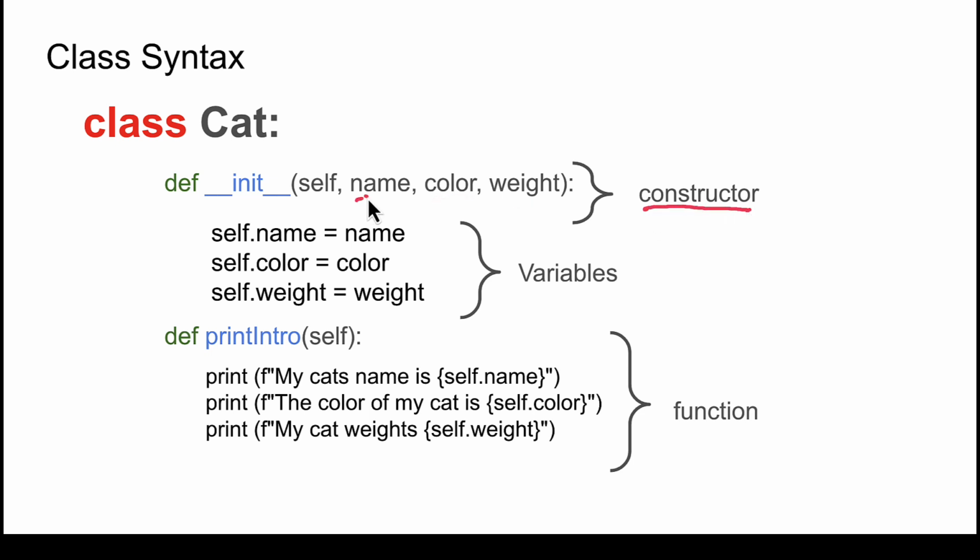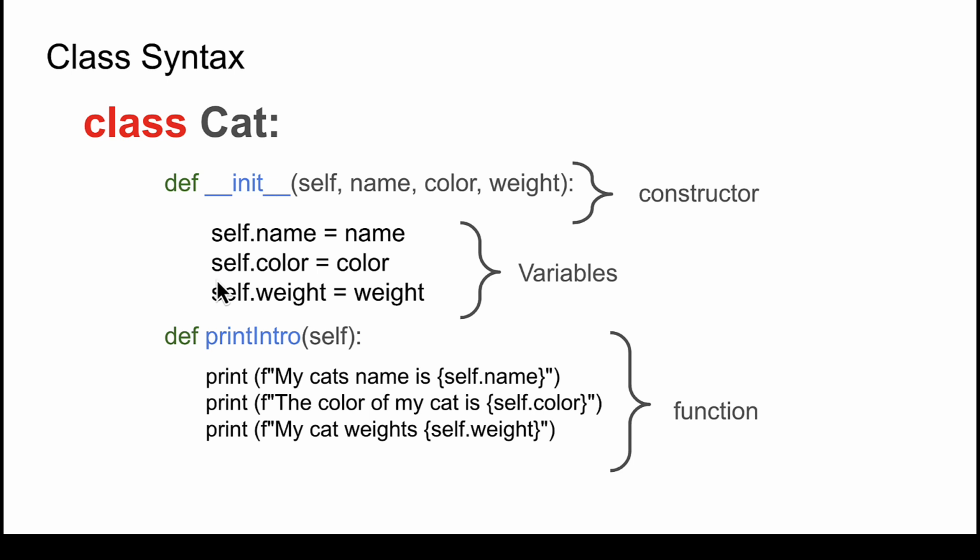Now, obviously, we could add a lot more variables to this if we need to. Again, it really depends on the object. The variables that we end up utilizing here correspond to self.name, self.color, self.weight.